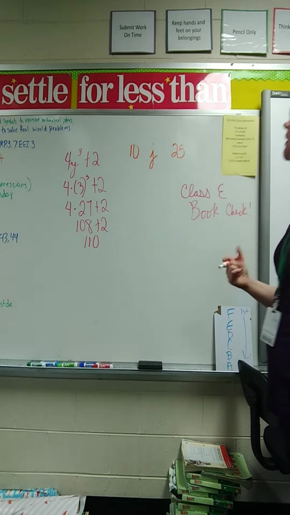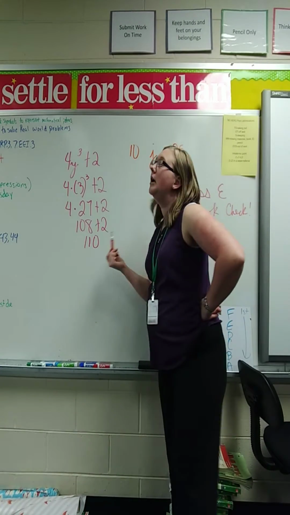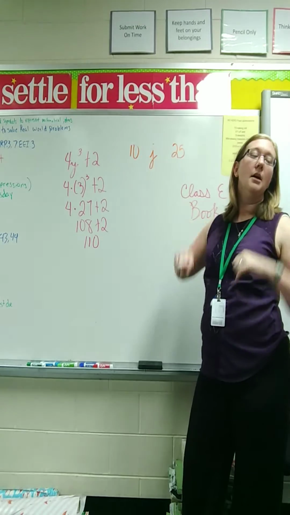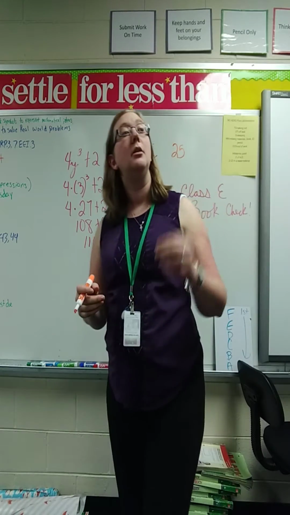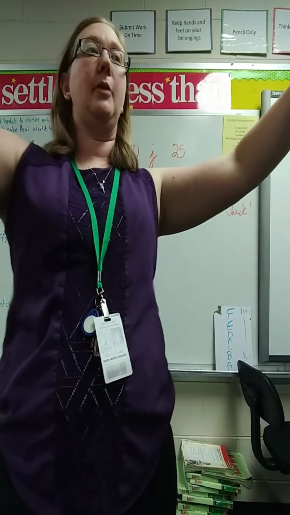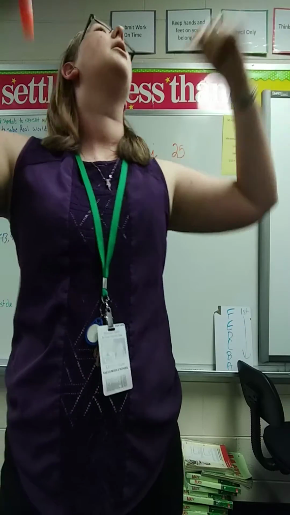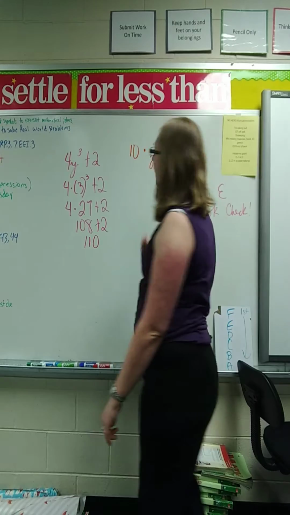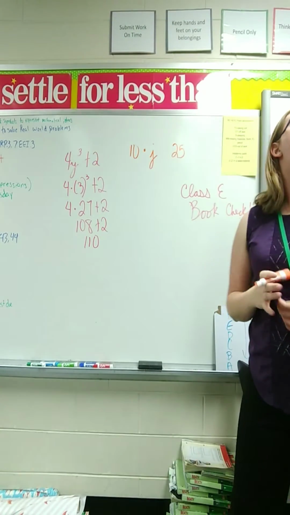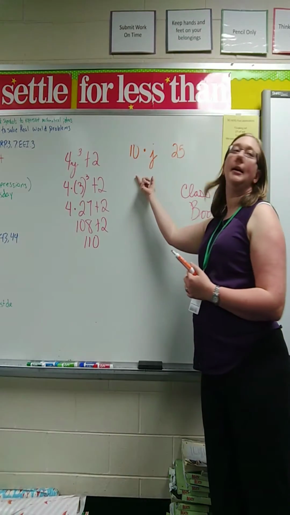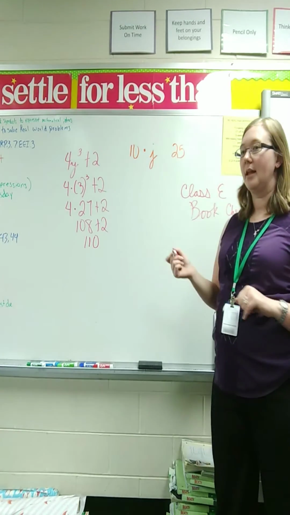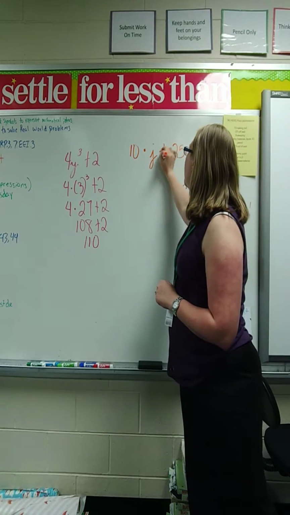So, what are we going to do to the 10 and the J? You think we're going to add $10 per week to the number of weeks? We're going to multiply them. Very good. What are we going to do with that quantity and the $25 that she already has? We're going to add those together.